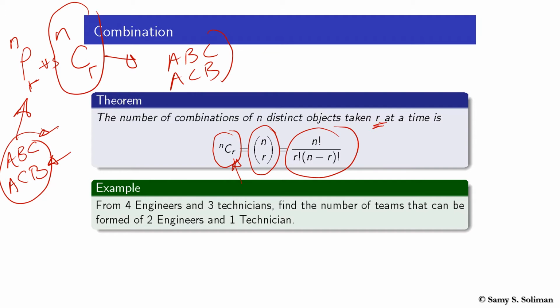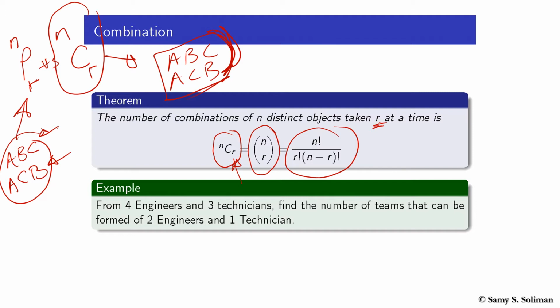So we are looking for a set of 3 letters, irrespective of how they are ordered. So the order is irrelevant, and hence we consider that these 2 arrangements are one combination. They are 2 different permutations, but they are one single combination.